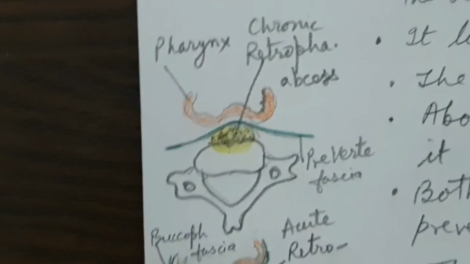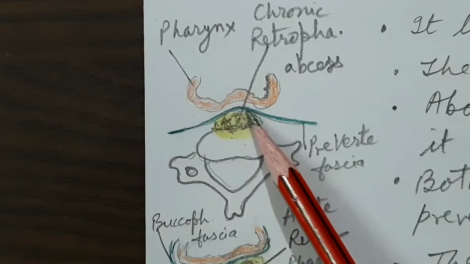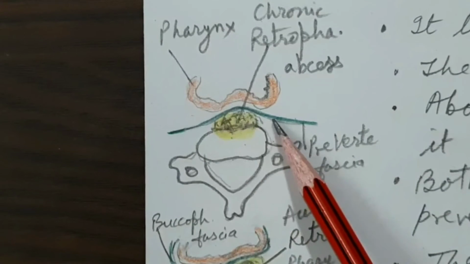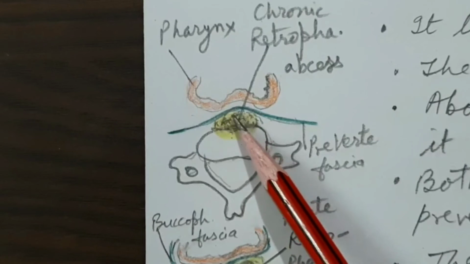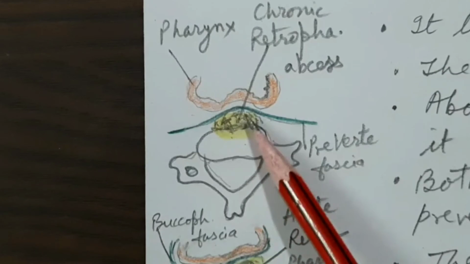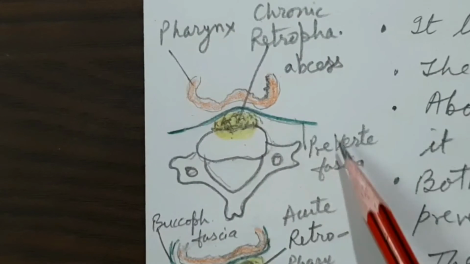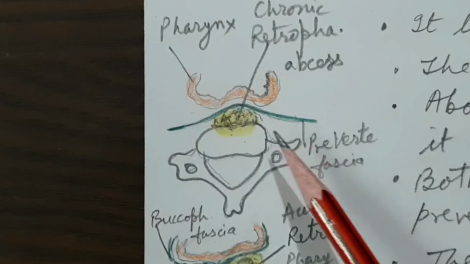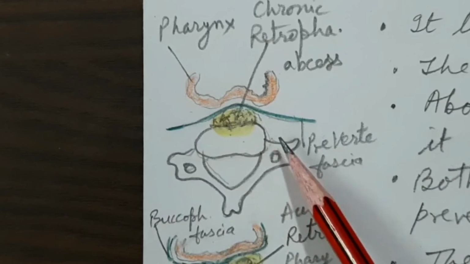So this collection of pus is deep to the prevertebral fascia, and as I said, mostly this chronic retropharyngeal abscess will lie in the midline, but then it can spread laterally, which may go to the floor of the posterior triangle deep to the prevertebral fascia and may extend as the axillary sheath.